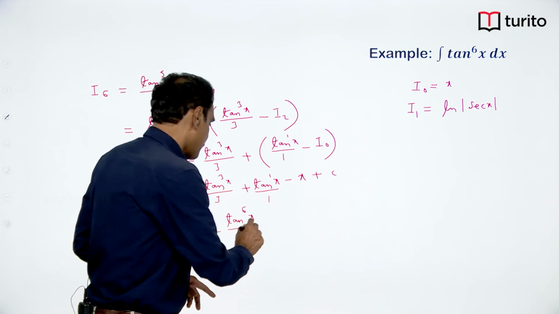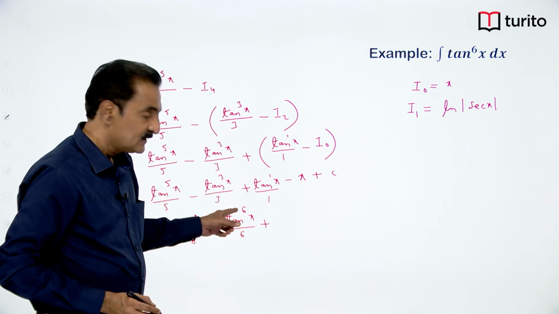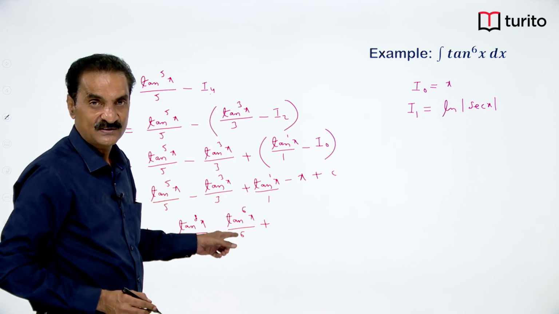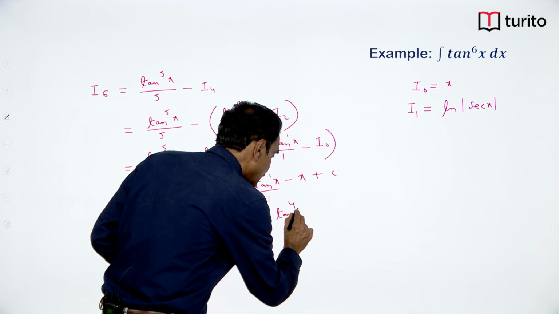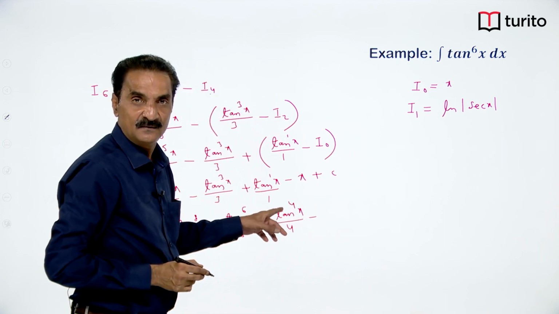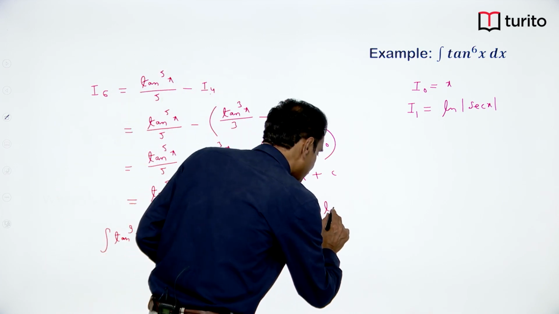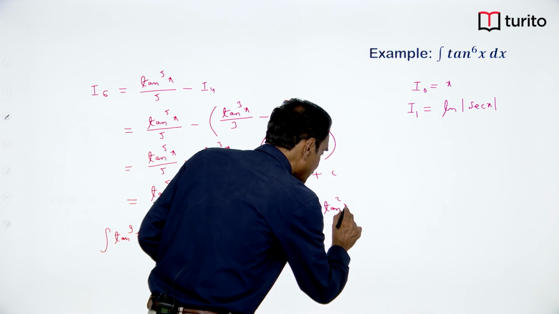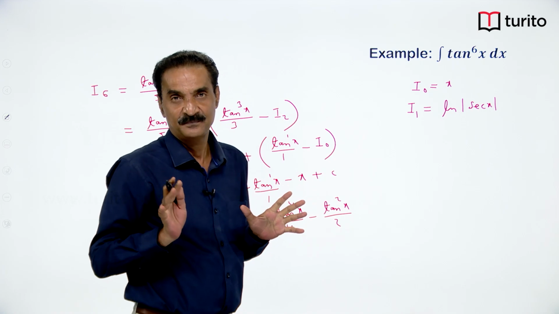Again, next sign will be plus. Subtracting 2 from 6, we get tan power 4x by 4. Next is minus. What you will get? Tan square x by 2. We cannot subtract 2 further.